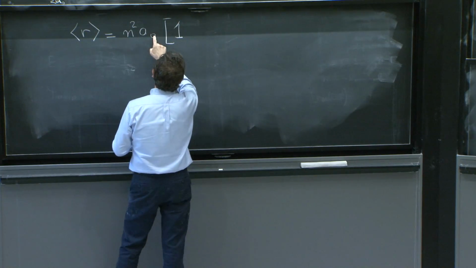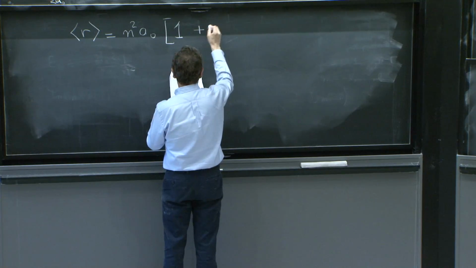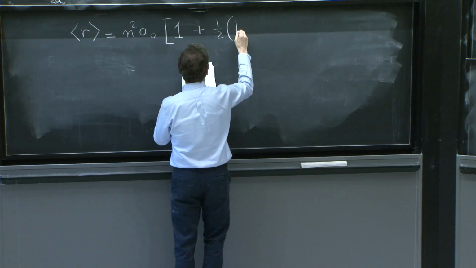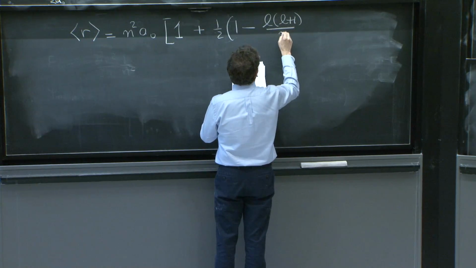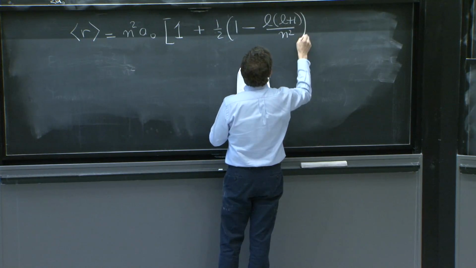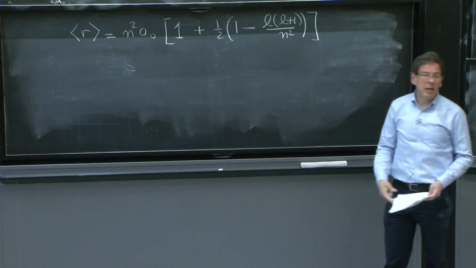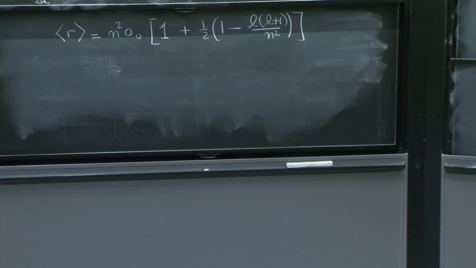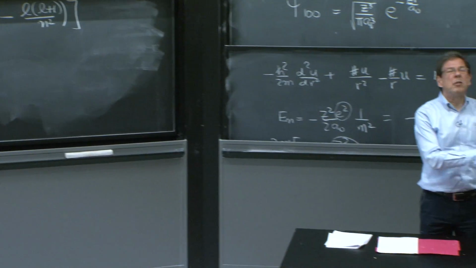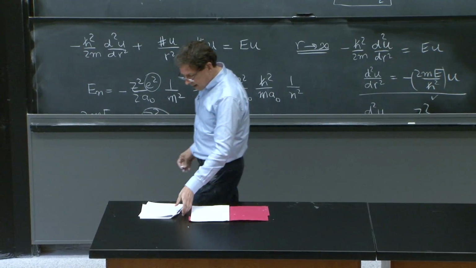It's just the same thing, n squared a naught, with a little correction, which is 1/2 times 1 minus L times L plus 1 over n squared. So actually, the expectation value of r in the hydrogen atom is L-dependent, not terribly strongly L-dependent, but somewhat L-dependent.